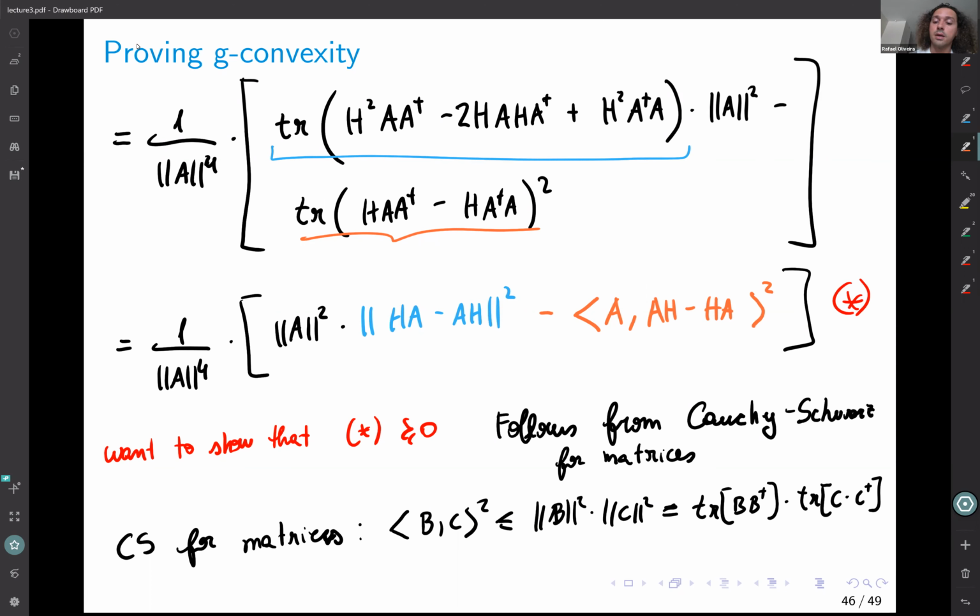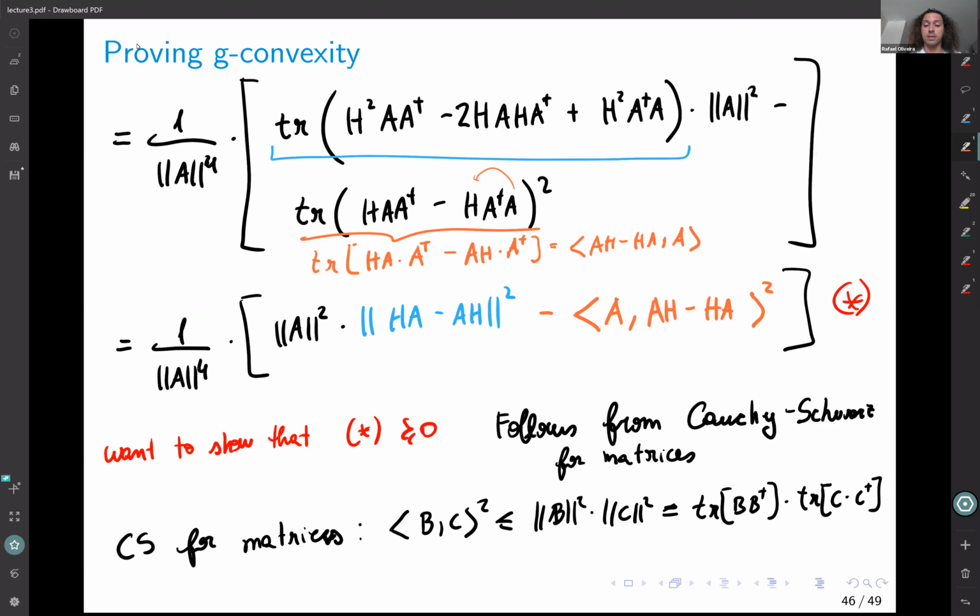So then the trace is AH minus HA times A dagger, so we have HA times A dagger minus, and by the cyclicity of the trace I can take this A to the front, so we have AH times A dagger. The trace of this is exactly the inner product of AH minus HA with A, because remember, this is the trace of the first matrix times the second matrix transpose. So then we have the square.